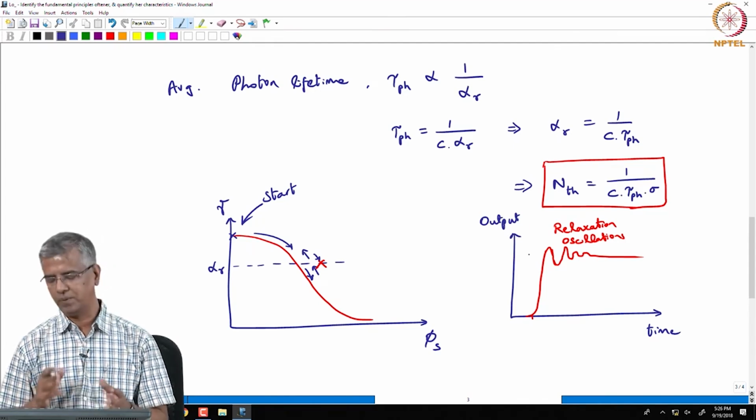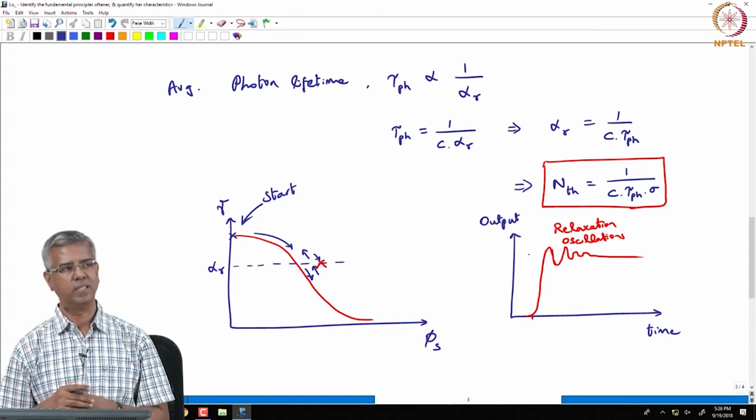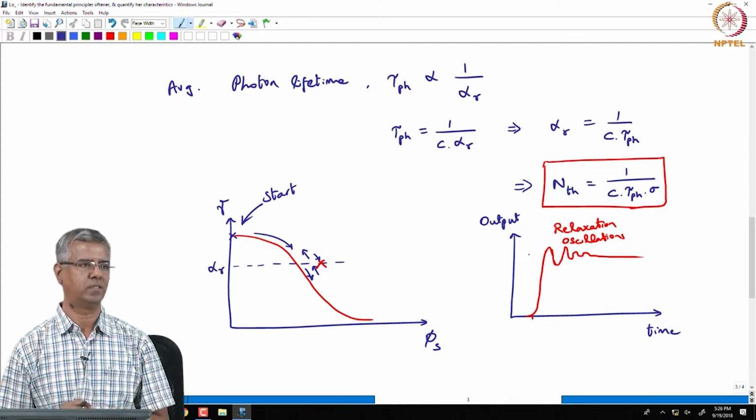So, if you look at the microscopic picture, what is happening from the photon perspective, you can actually track all these processes really well.